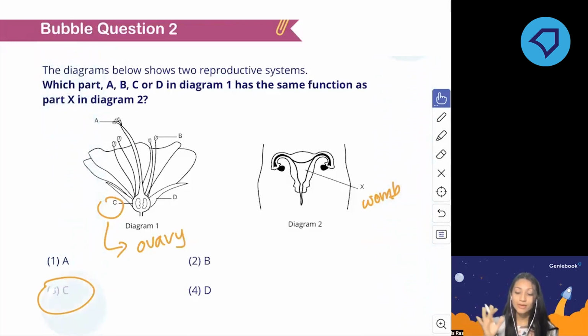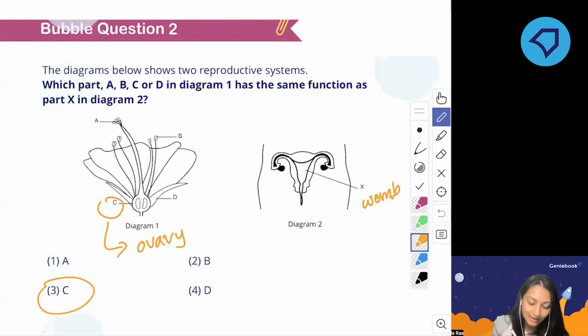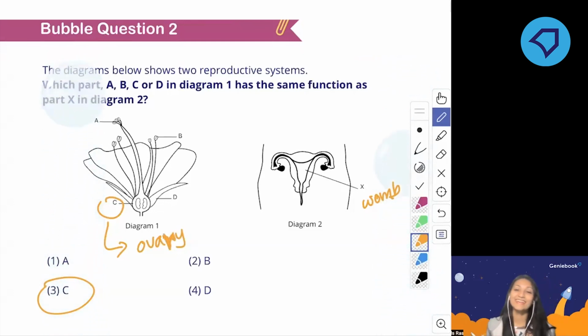So don't get confused. Both have the same spelling though, ovary, but different function.